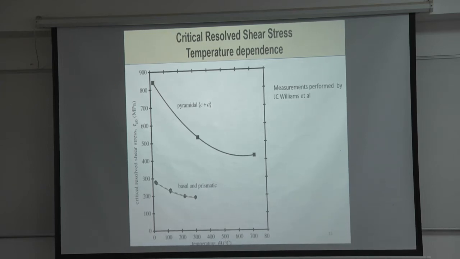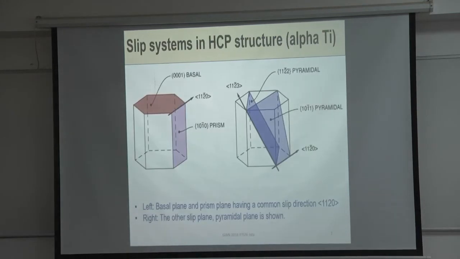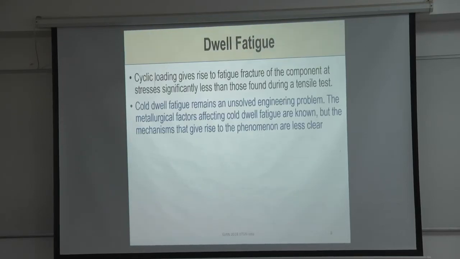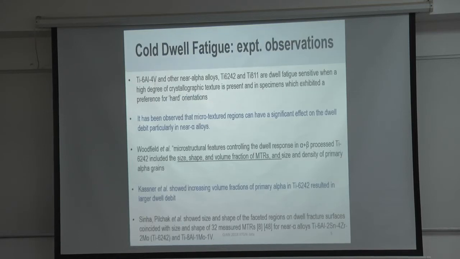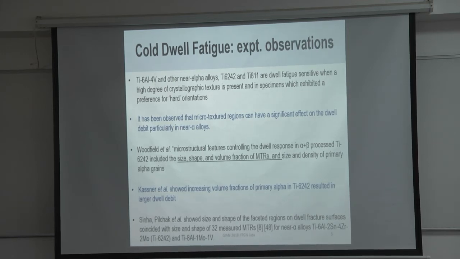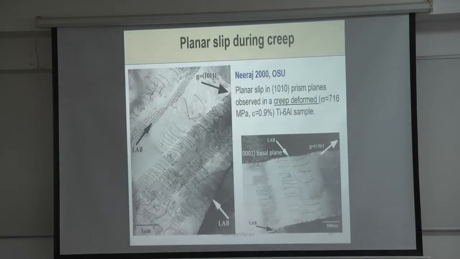If you remember this slide we mentioned, hard orientations. So the pyramidal slip is being referred to as a hard orientation as compared to the basal, and this is the soft orientation.